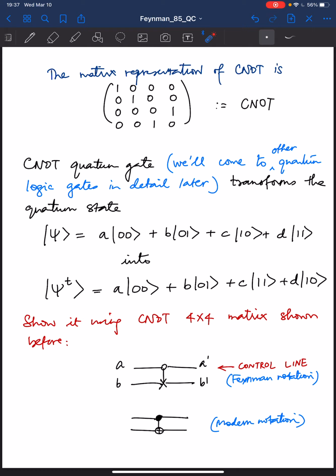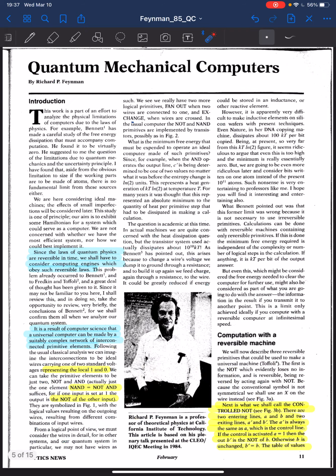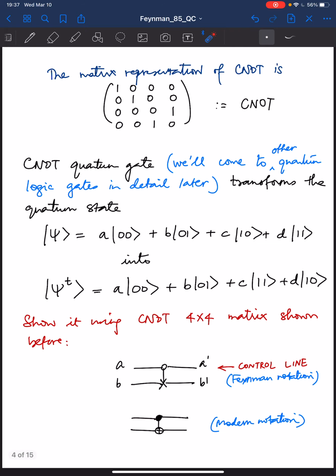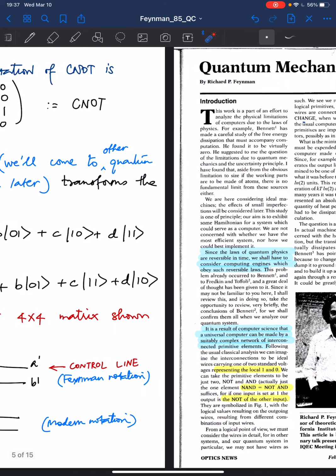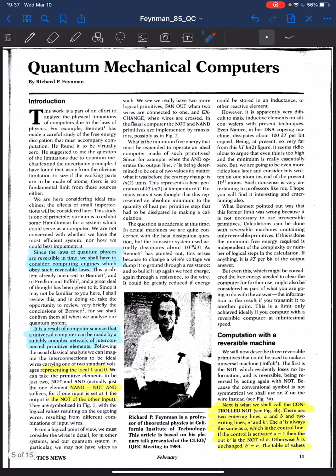So what happens is you have these inputs, and this goes through, and this is flipped based on what this B is. So if we look at Feynman's article, this is the article which I was talking about.